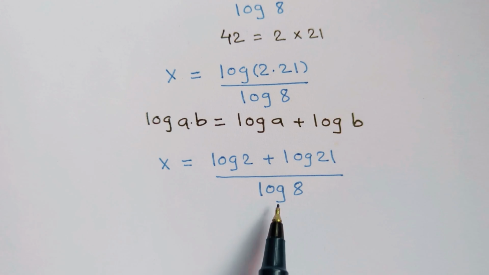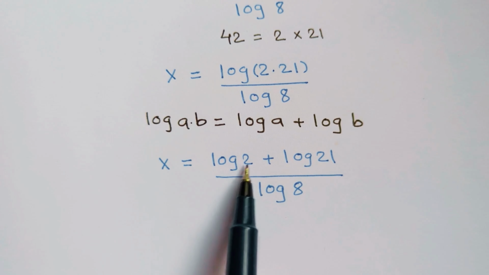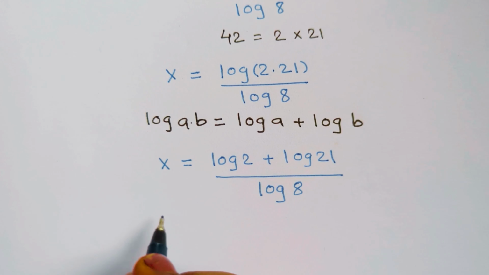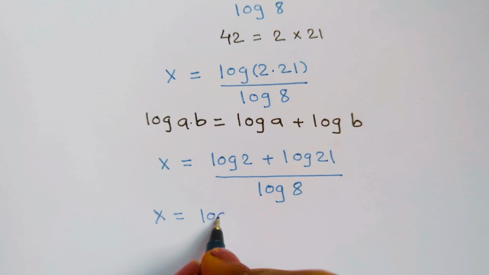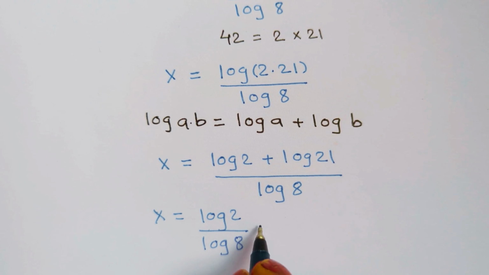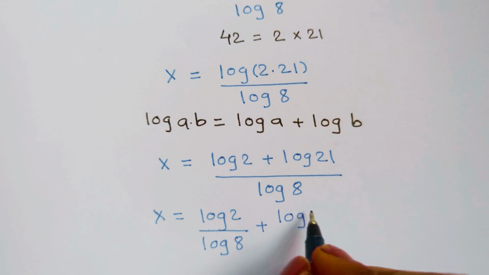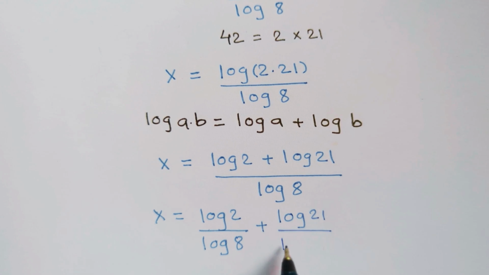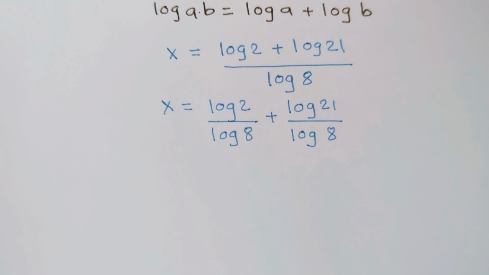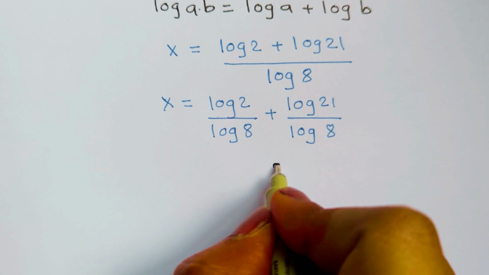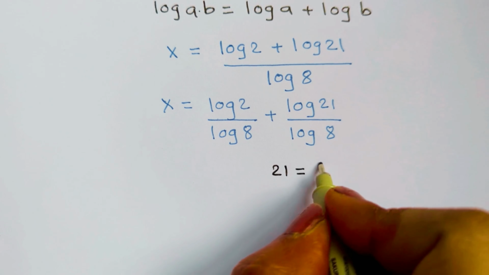Now this log 8 can be separated for each part of the numerator. So x is equal to log 2 divided by log 8 plus log 21 divided by log 8. This 21 can again be written as 3 into 7.